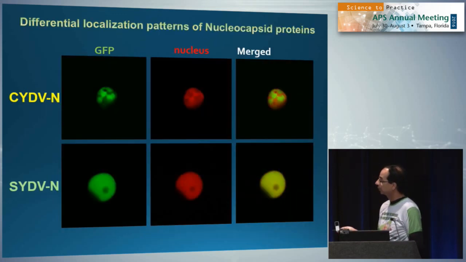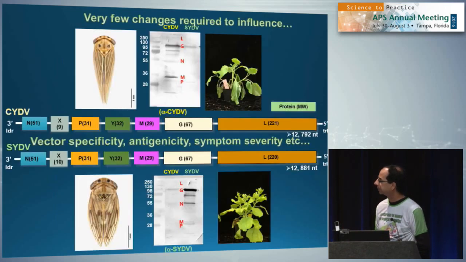Another example is the nucleocapsid protein. As a GFP fusion, it's distributed evenly throughout the nucleoplasm in the case of SYDV. In the case of CYDV N, you get a punctate localization and a deformation of the nucleus itself, despite the fact that they're about 80% similar.